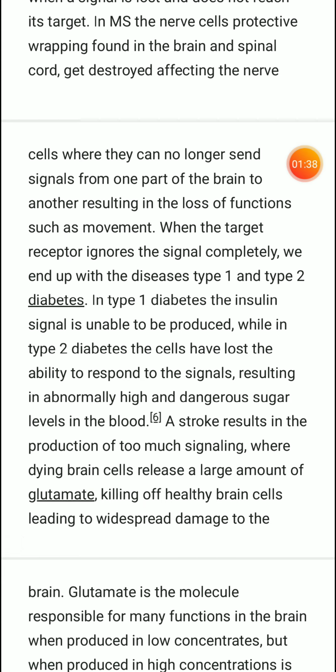Okay, a stroke results in the production of too much signaling, where dying brain cells release a large amount of glutamate, killing healthy brain cells, leading to widespread damage to the brain.